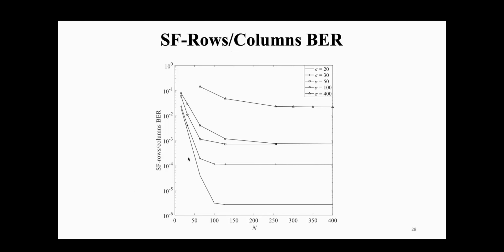Interestingly, the detection BER of SF rows and columns approaches a constant value when n is large.